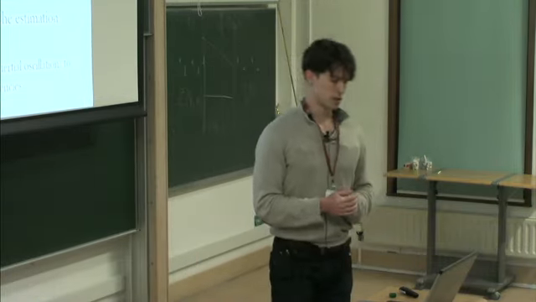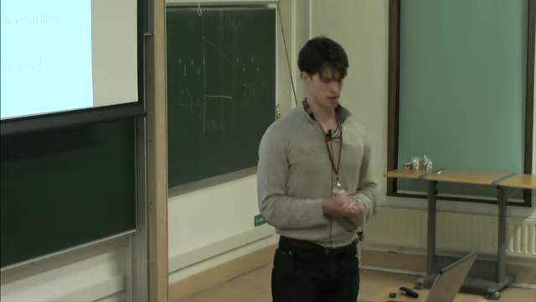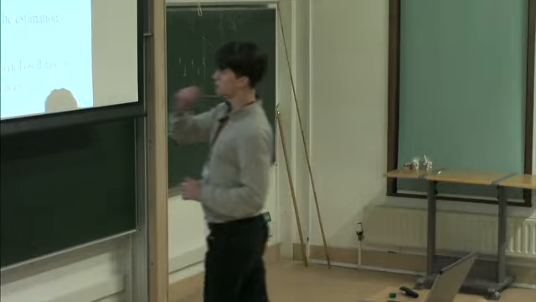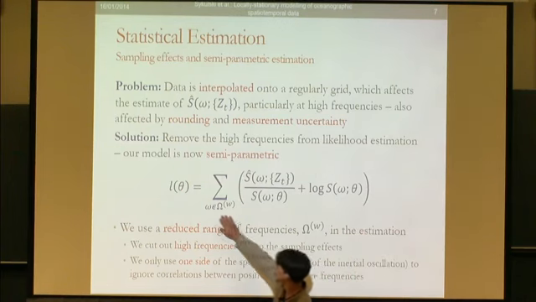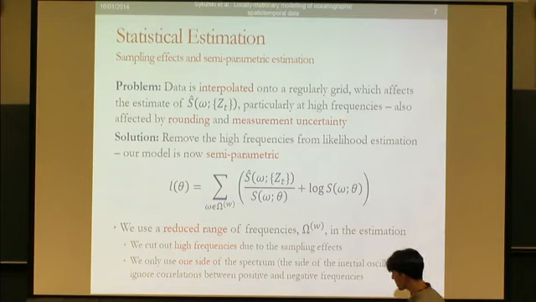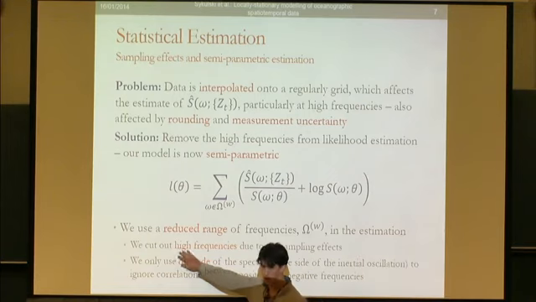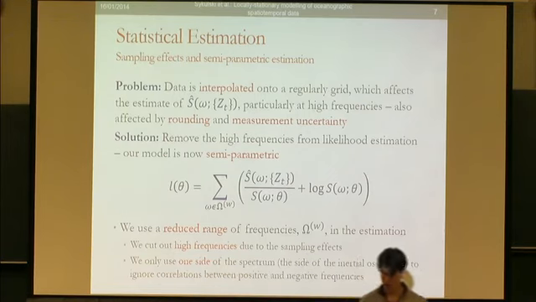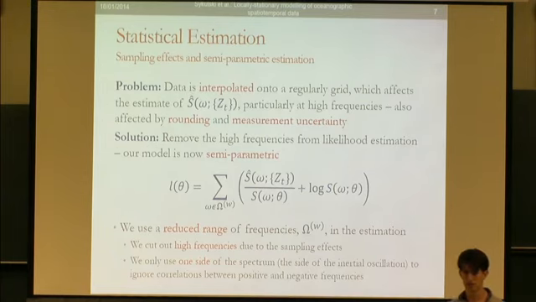And there are other issues such as rounding and measurement uncertainty. So what we do, quite simply, is we take the Whittle likelihood, and now we sum over a reduced set of frequencies, omega in capital omega, and we cut out these high frequencies due to these sampling effects.